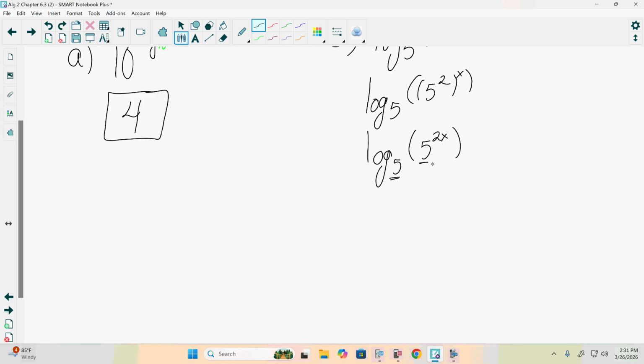Now these two match, so log base 5 of 5 to the 2x will reduce to 2x. Questions on either one of these here? We ready for the next one?